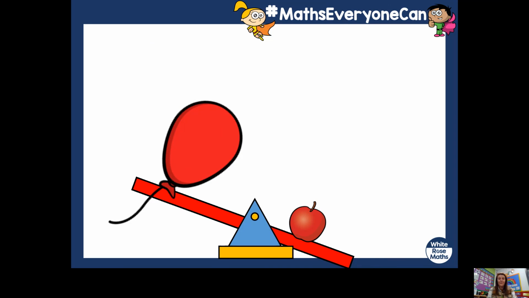Fantastic. The apple has made the scales tip, which means the apple is heavier than the balloon. The balloon is lighter than the apple.